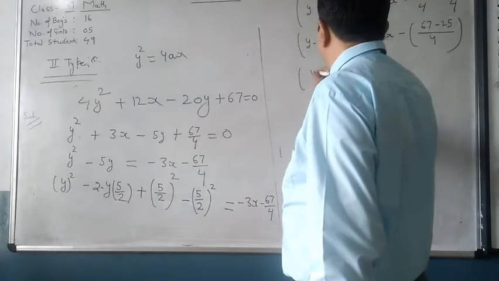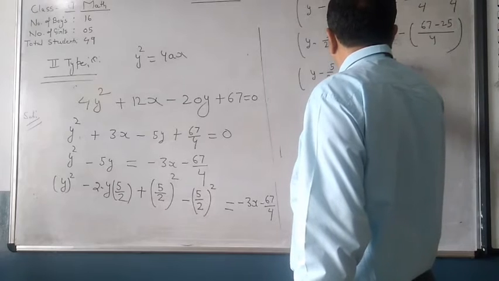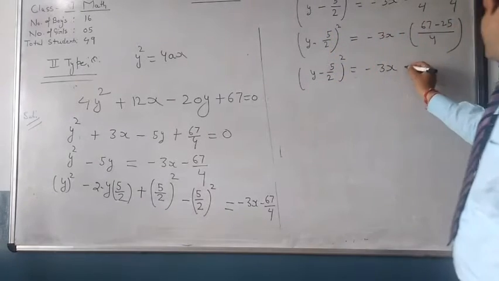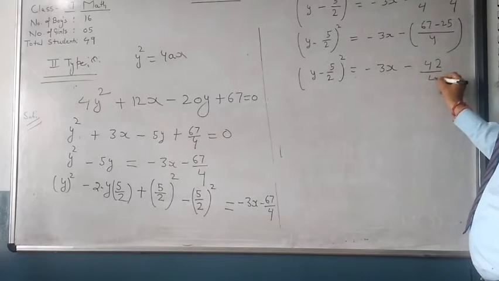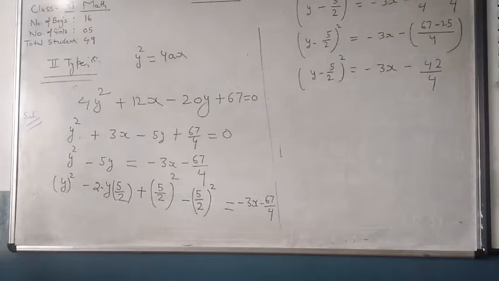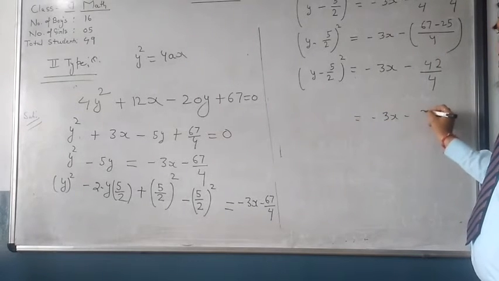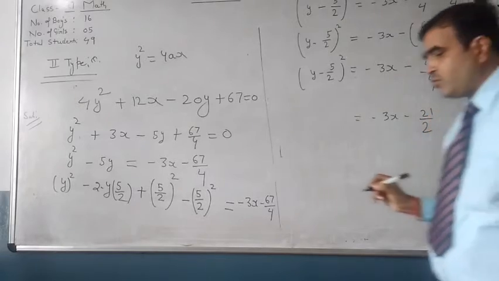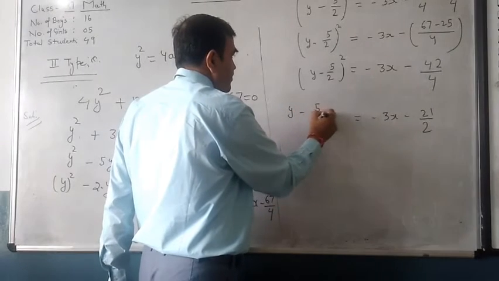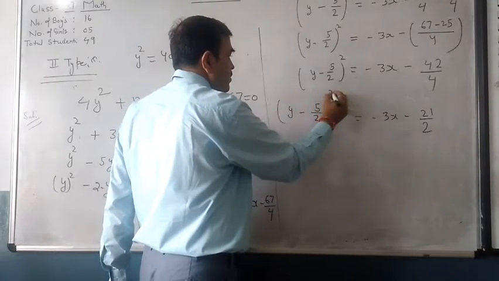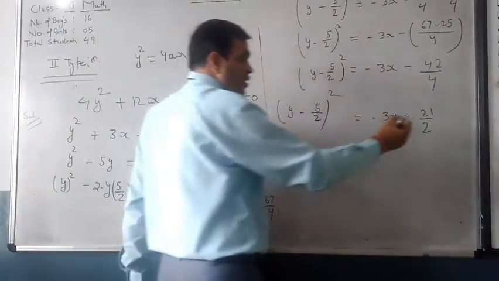This will be y minus 5 upon 2 whole square equals to minus 3x minus 42 by 4, which is equals to minus 3x minus 21 by 2. This is y minus 5 by 2 whole square, the standard form of the parabola.